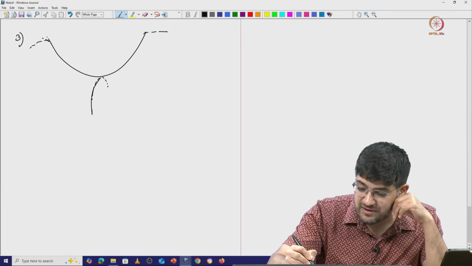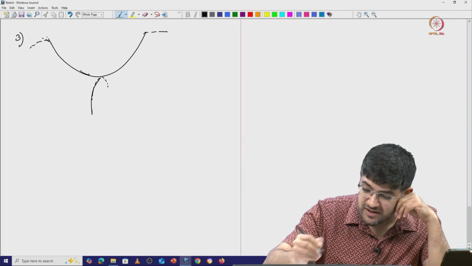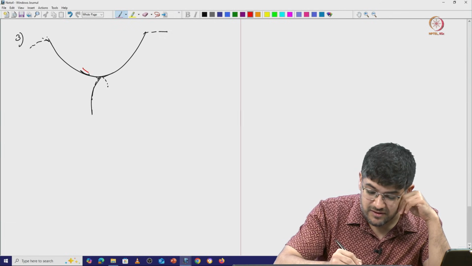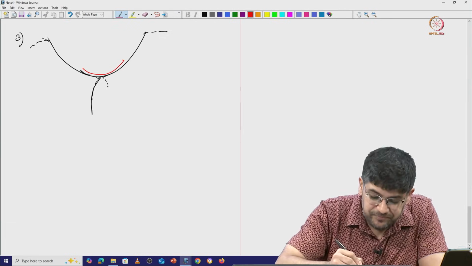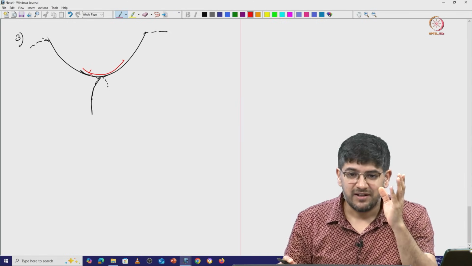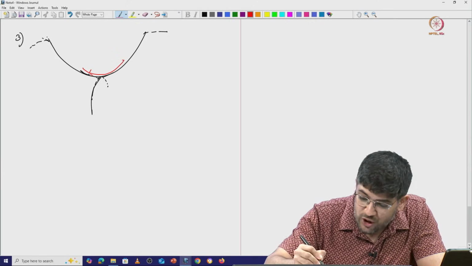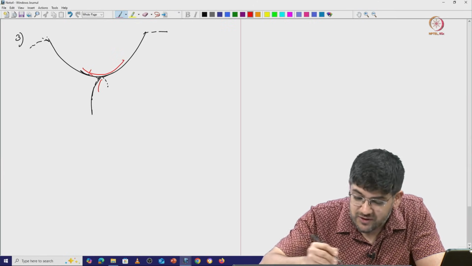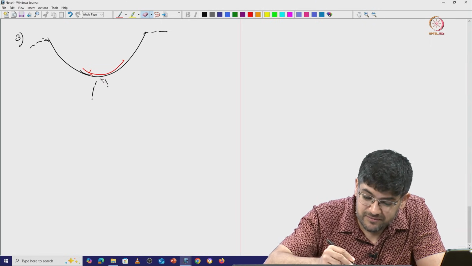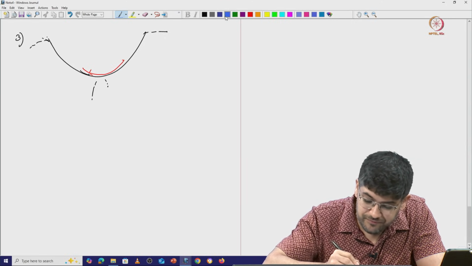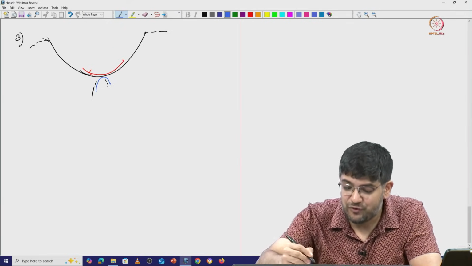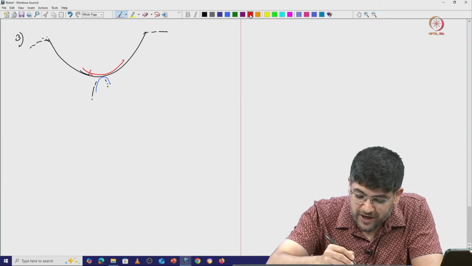Why is this negatively curved? Because if you take a curve that goes in this direction, you see the tangent vector is moving towards the normal, right? On the other hand, if you move along this curve, then the tangent vector is actually moving away from the normal, depending on your convention.